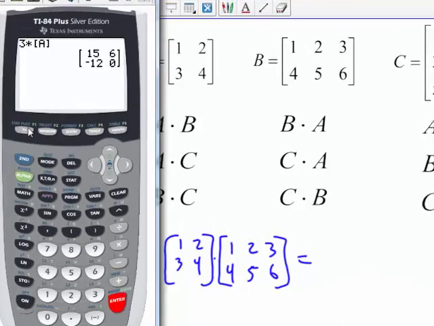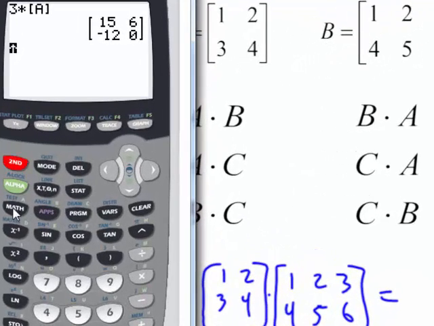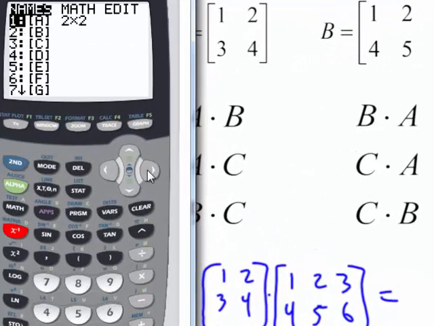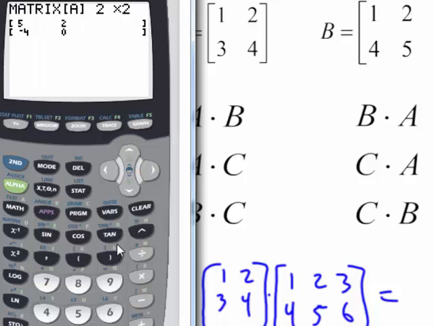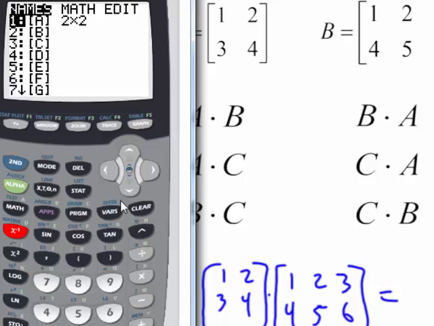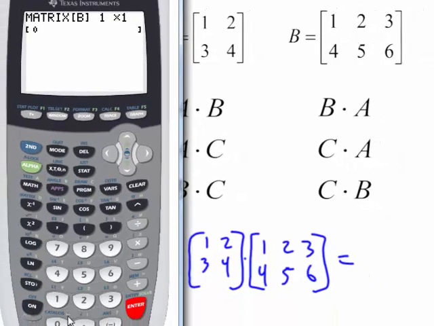So first of all, I'm going to go into my matrices, and I'm going to edit all these bad boys. So for A, here's A. I'm going to type that in. It's a 2 by 2, and 1, 2, 3, 4. Okay, that's good. Go back in. Now I'm going to edit matrix B. And this is a 2 by 3, right?